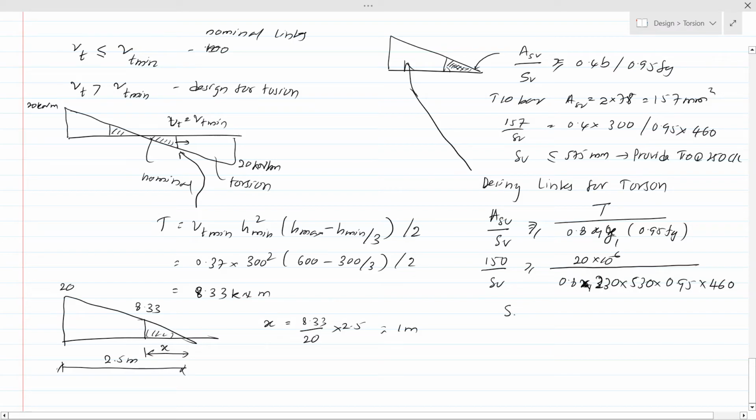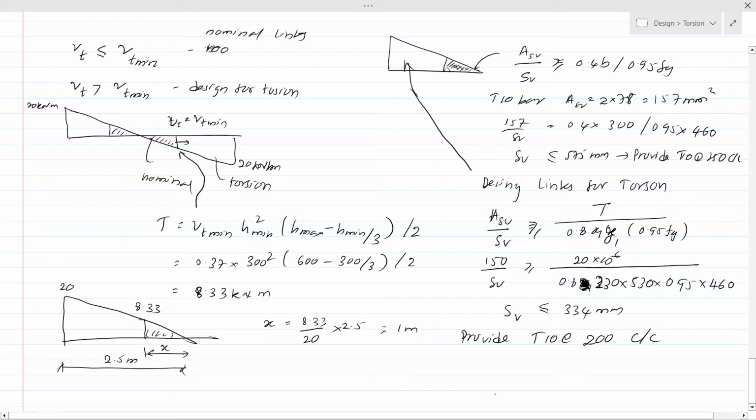From this we can calculate Sv less than or equal to 334 millimeter. Let's say we are providing T10 at 200 center to center. Now you know the method of calculating the torsional shear link requirement.